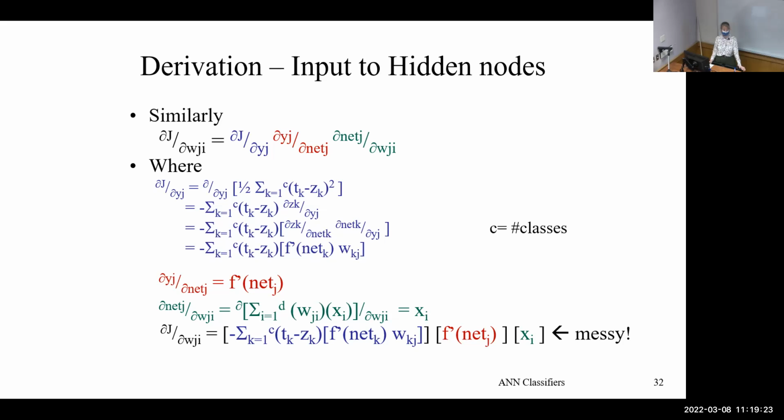Hear a sigh in the audience. It's not that bad. The derivative of z with respect to net k is just the derivative of your activation function evaluated at that net k value. The derivative of net k with respect to y is just your weight.